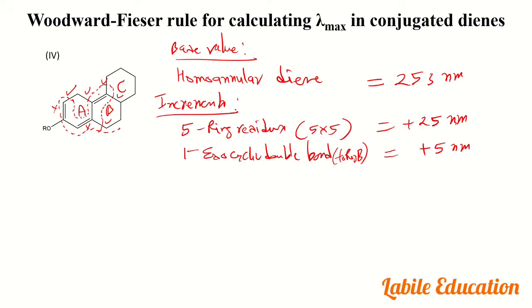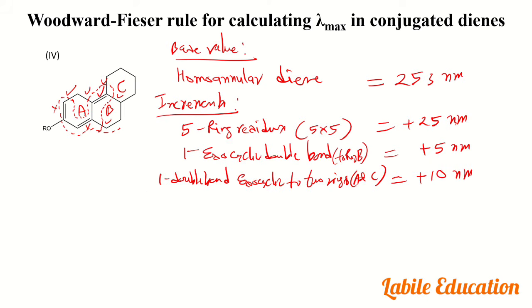And there is this double bond, which is exocyclic to rings A and C. So there is one double bond exocyclic to two rings, A and C. So it will contribute the double value, that is plus 10.